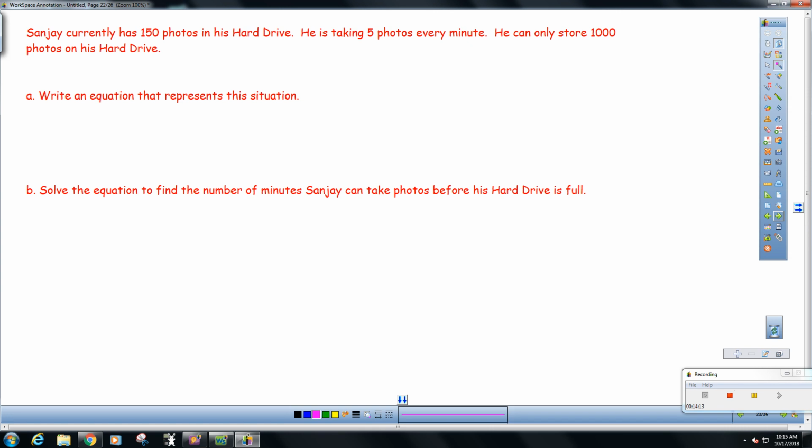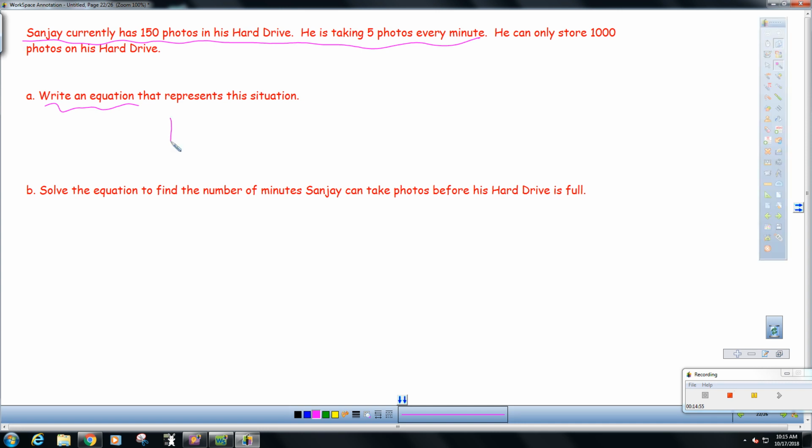All right. He's taking 5 photos every minute, and he already has 100 photos in his hard drive. He can only store 1,000 photos in his hard drive. Well, the equation only involves this stuff. We don't need to worry about the limit yet. So what is the equation?